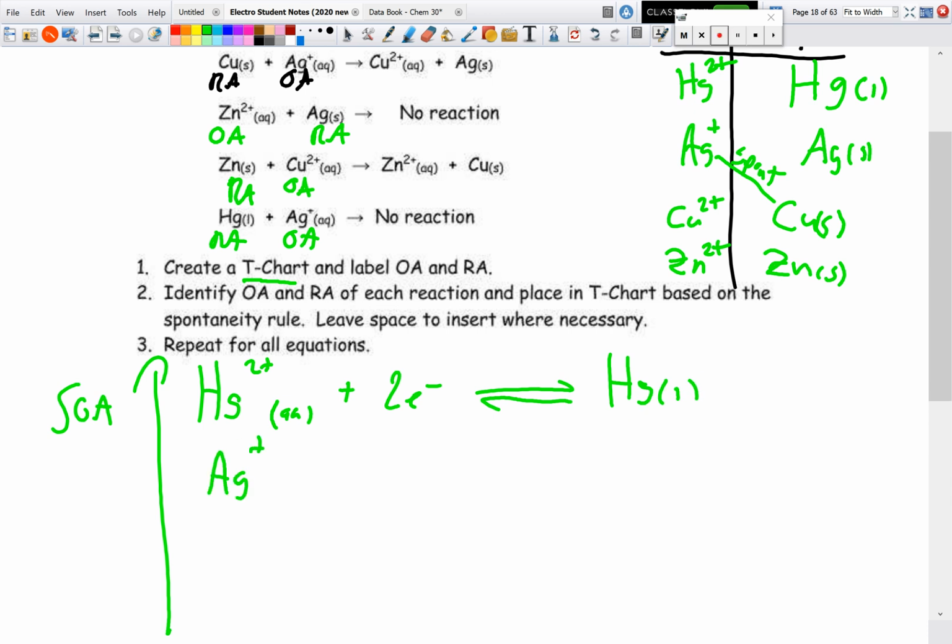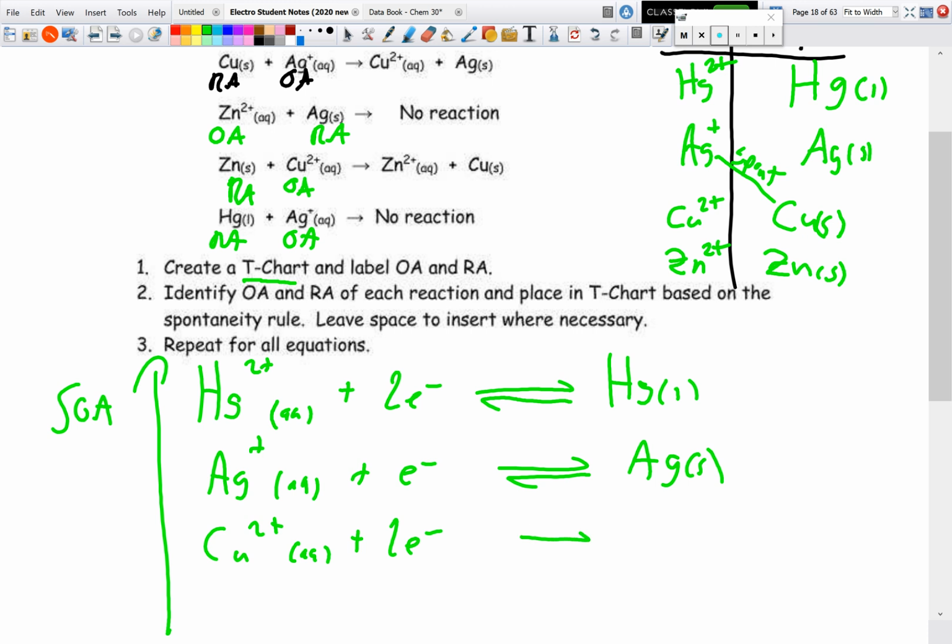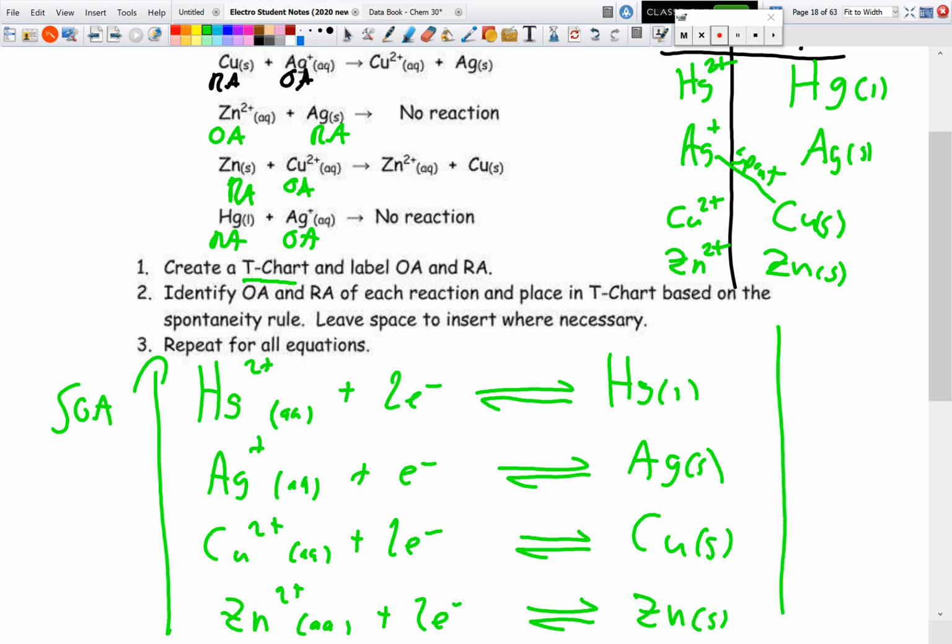Next, silver plus an electron, produces Ag solid. Next, copper 2+, and finally, the last one. And we know this is going to be my strongest reducing agent down at the bottom.